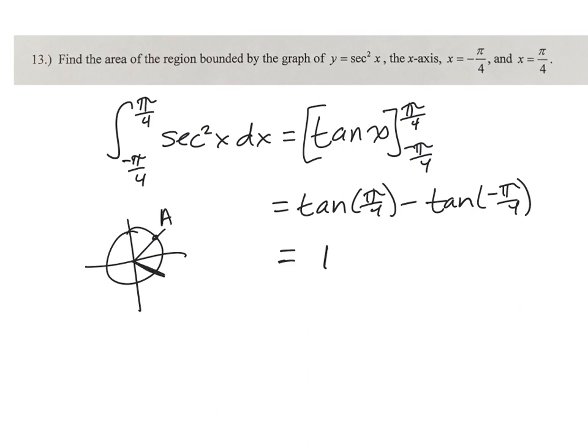And remember, all students take calculus. So we're in quadrant 4, where only cosine is positive. So this is going to be a negative function value. Tangent of π/4, so the reference angle is π/4, and tangent of π/4 again is 1. But this is going to be -1, so it's minus -1. So our final answer is 2.